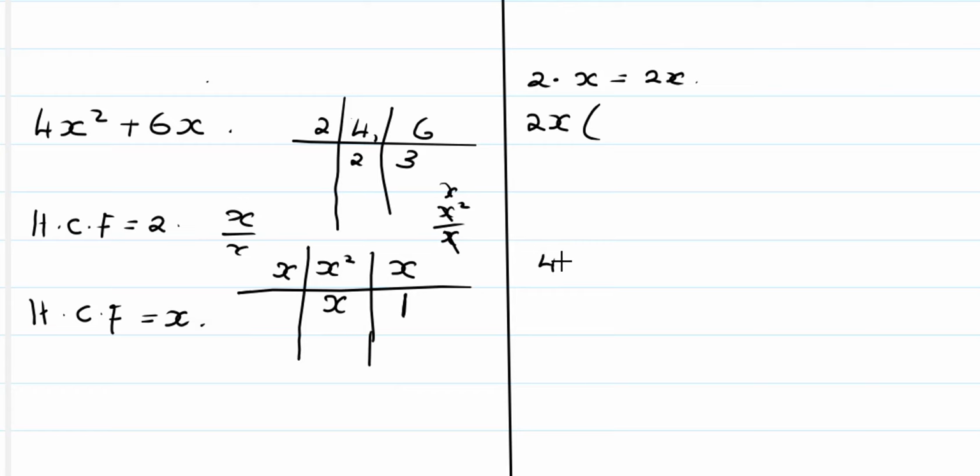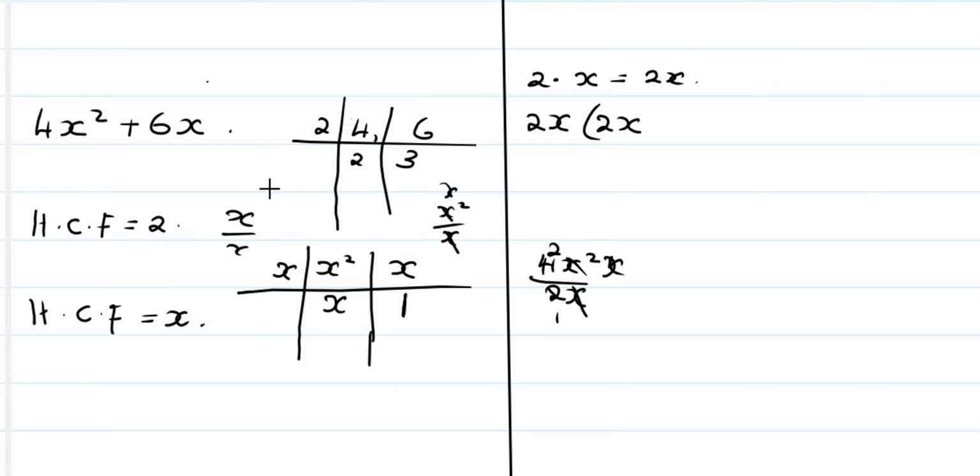If I take 4x squared and divide by 2x, this x goes with that one, and I remain with x, and 4 divided by 2 is 2. So it becomes 2x, and as you can see, 2x multiplied by 2x is 4x squared.